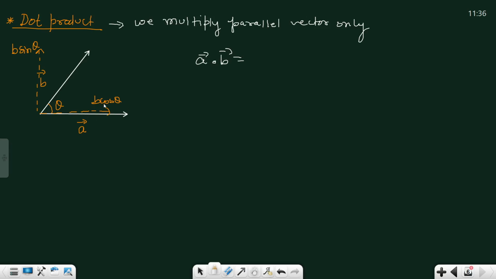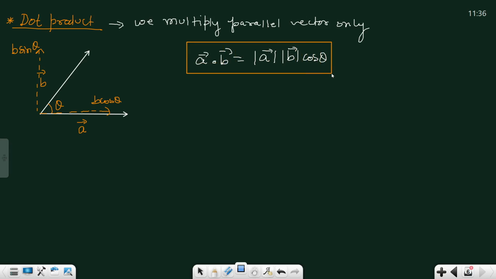So a and b cos theta are parallel to each other. We take only the magnitude of a, then b cos theta. So this is the dot product. In dot product, we just need to take the parallel component of the vectors. Clear?